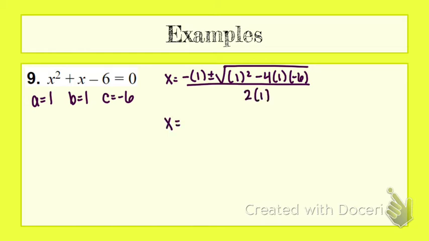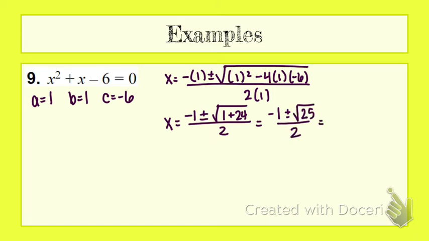So when we reduce this, we get negative 1 plus or minus the square root of 1 squared is 1 plus 24, all over 2, which is negative 1 plus or minus the square root of 25 over 2. And then the square root of 25 is 5, so negative 1 plus or minus 5 over 2.